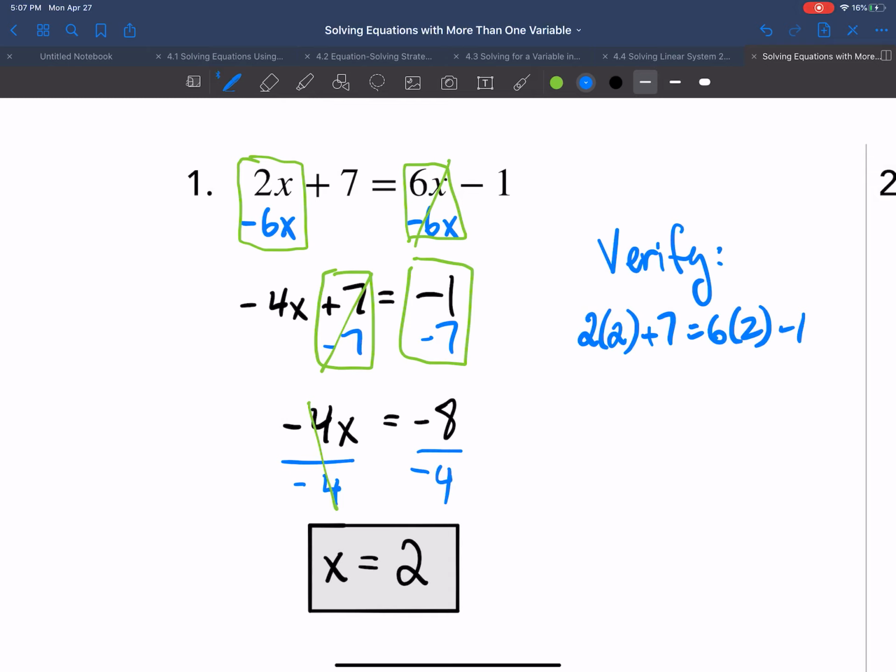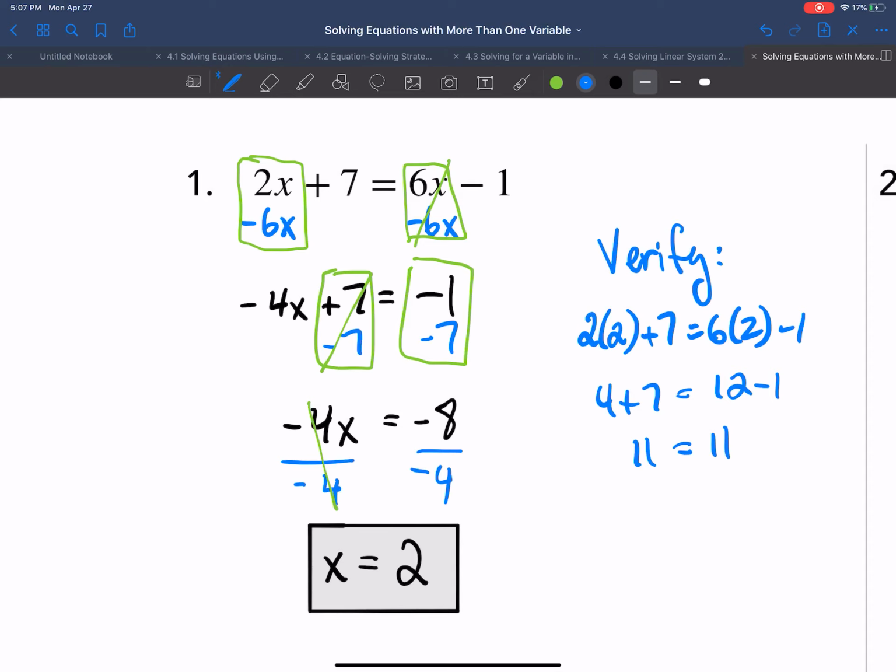And if both of those sides are the same, if they're equal to each other, then it's correct. So 4 plus 7, 12 minus 1. 4 plus 7 is 11. 12 minus 1 is 11. It works. We have the right answer.